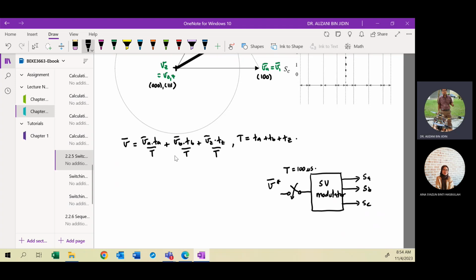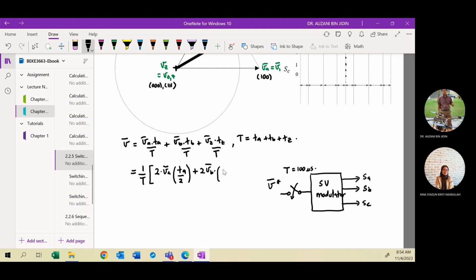So the equation above you can rewrite as 1 divided by T, 2 VA, but this bracket term is TA divided by 2, plus 2 VB, TB divided by 2, and 4 VZ.